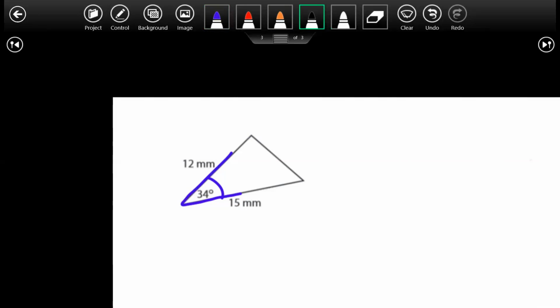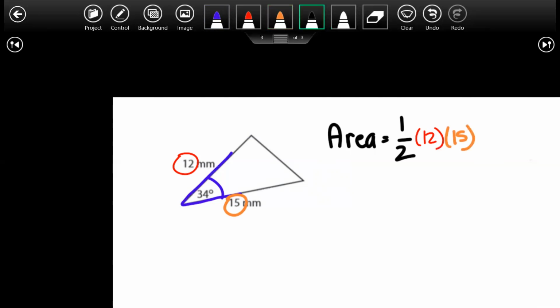What's our equation? The area is going to be equal to 1/2 side 1. Doesn't matter which side you choose. 12. Then we're going to use 15. And then it'll be the sine of what? 34. Sine of 34. Is this easy or hard to do, guys?